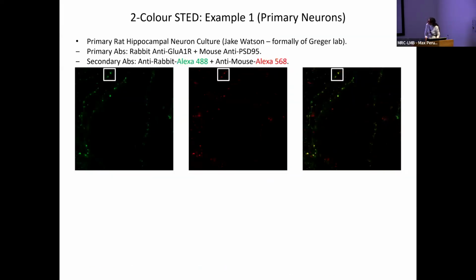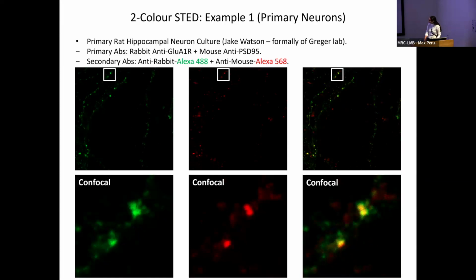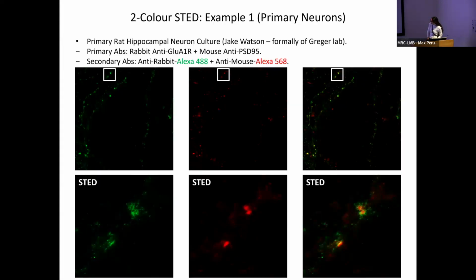Second image, so here you have neurons that are imaged, and so same principle. You can see that here you have the confocal images of your colors. So we're looking here at synapses. And when you use the STED, you start seeing with much more detail how your 2 elements localize in your image, and that they have different structures.